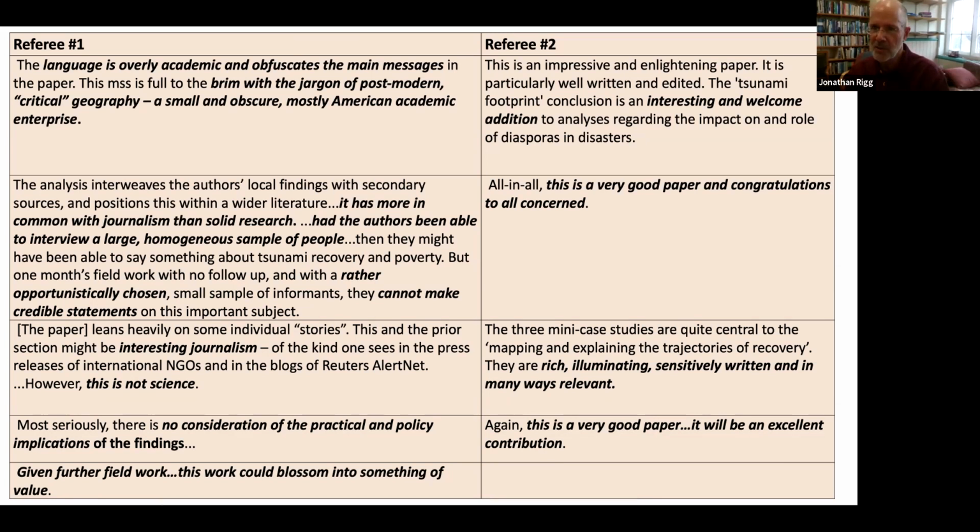What you can also see in these two referees' reports is a very different way of valuing evidence. I think referee 2, reading between the lines, is probably a qualitative researcher who is willing to accept the use of interviews and ethnography, whereas referee 1 wanted a sample survey, a randomly chosen, statistically significant survey of respondents.